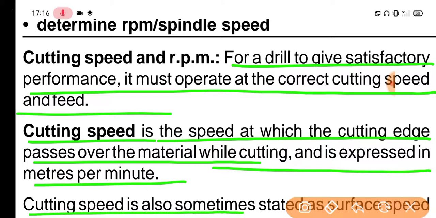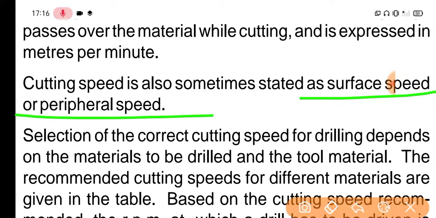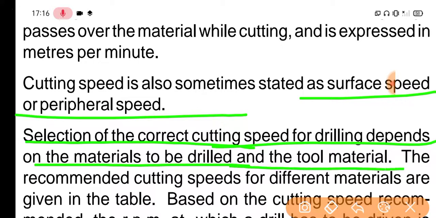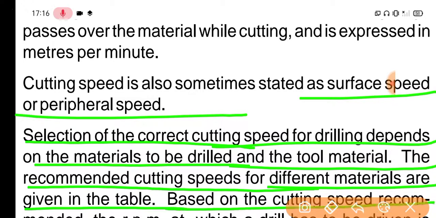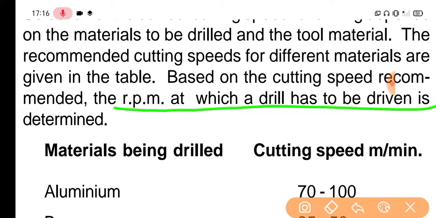Cutting speed is also sometimes stated as surface speed or peripheral speed. The selection of the correct cutting speed for drilling depends on the material to be drilled and the tool material. The recommended cutting speeds for different materials are given in the table. Based on the cutting speed recommended, the RPM at which a drill has to be driven is determined.